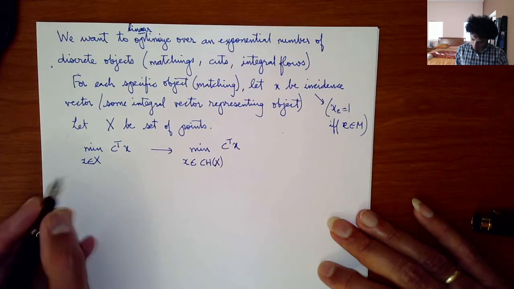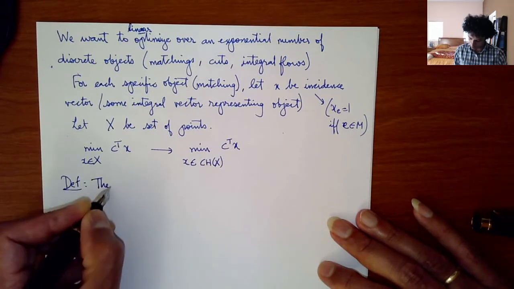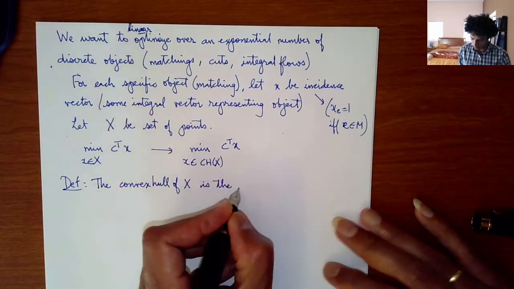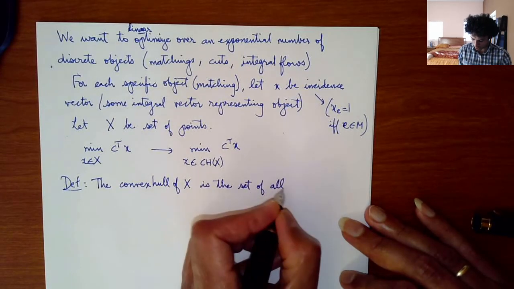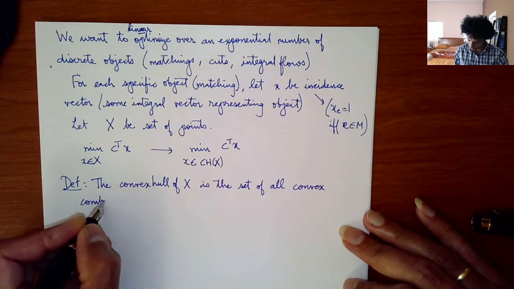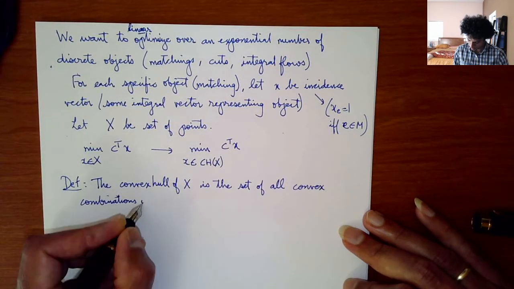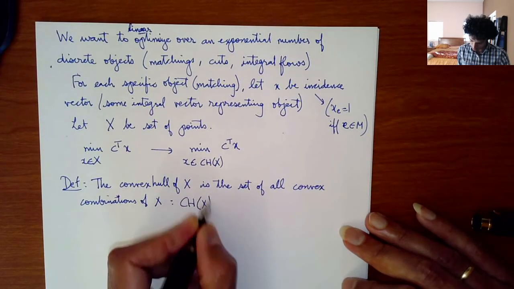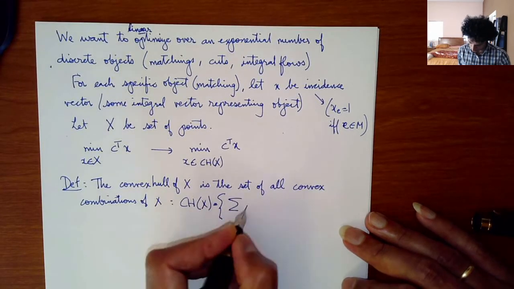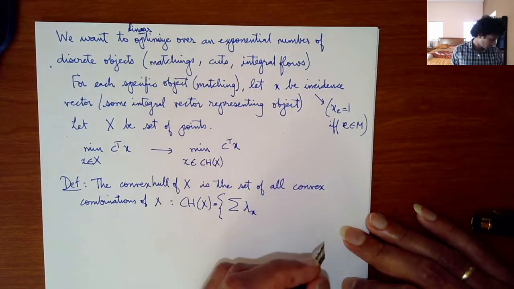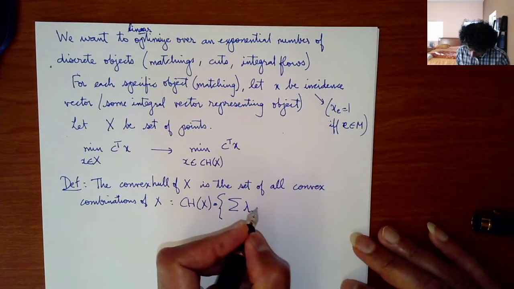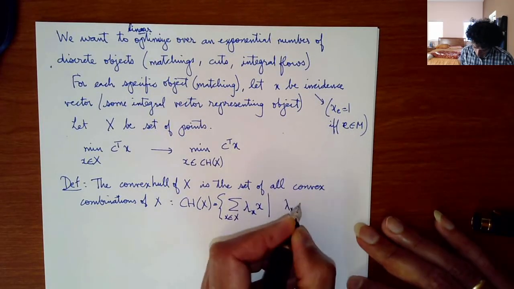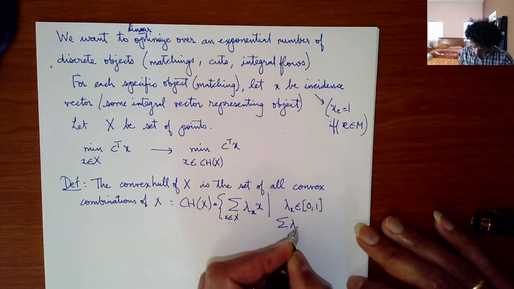The convex hull of X is the set of all convex combinations of X, the points of the form summation lambda_x times x, where x is in your set, each lambda_x is between 0 and 1, and the summation of lambda_x is equal to 1.